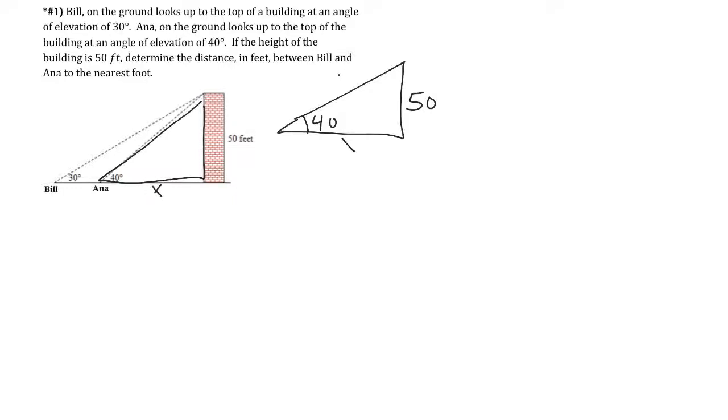And to find the bottom of that triangle, let's call it X. So looking at this problem, this is my opposite, this is my adjacent. So opposite and adjacent is tangent. Tan 40 equals opposite over adjacent. So X equals 50 divided by tan 40.